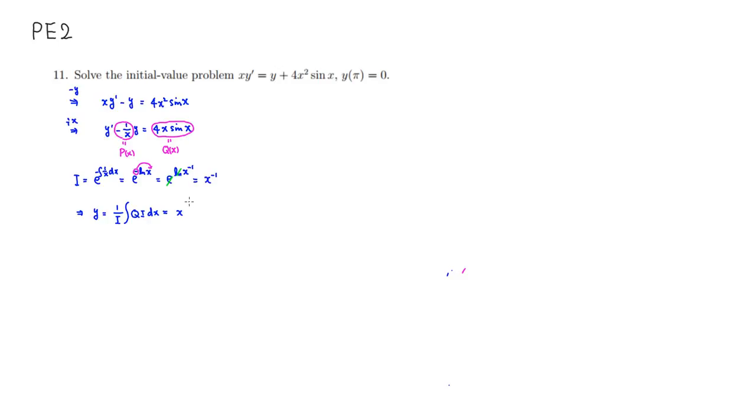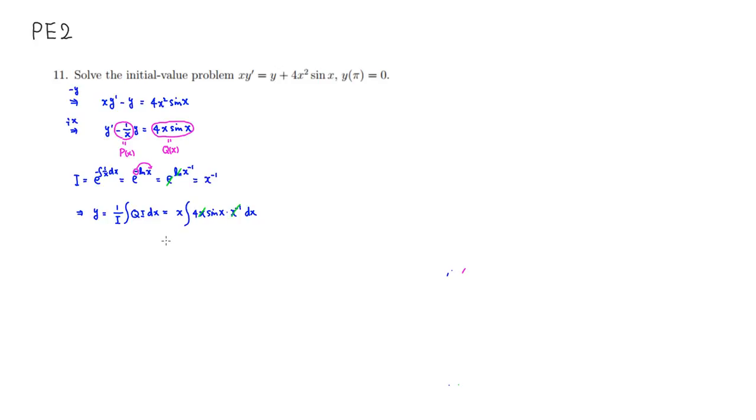Then you have an integral of 4x sine of x, so this is q, then you multiply by I, which is x to the negative 1 power, dx. So we can cancel this: here's x, and x to the negative 1 is 1 over x, so you can cancel those out.